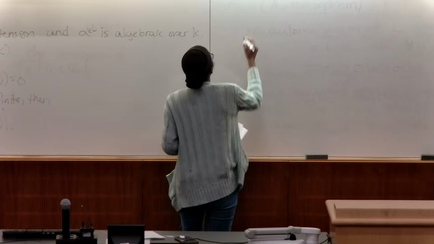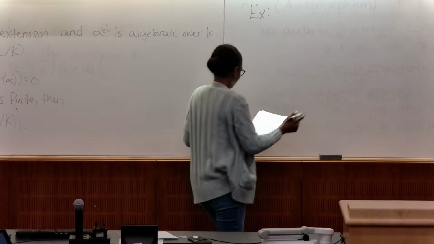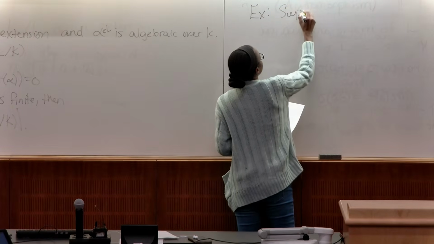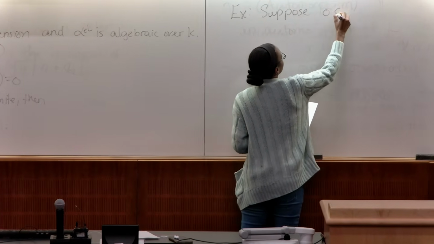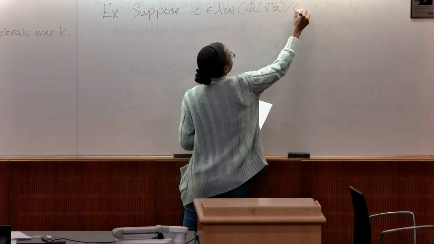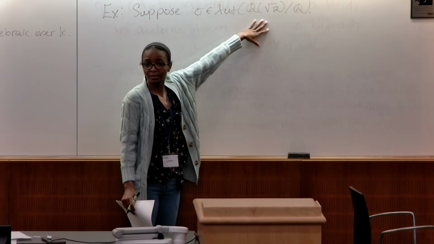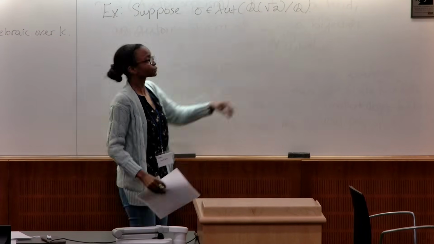Quick example. I get to do the easy examples. I'm making y'all do the slightly harder examples. Suppose I have some automorphism of Q adjoin square root of 2 over Q. Again, this is just the smallest subfield of the complex numbers in which I have a square root of 2.